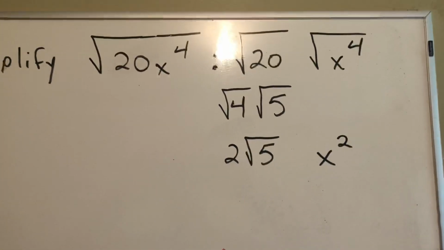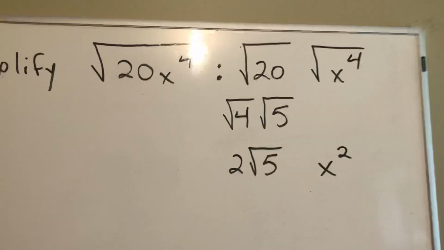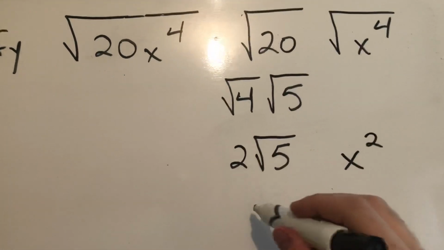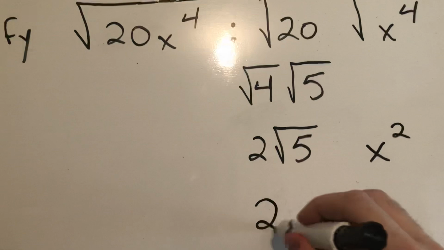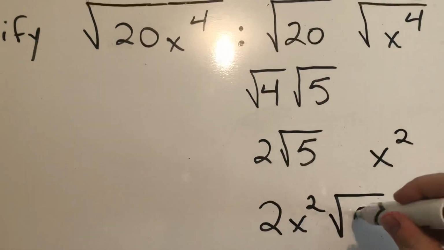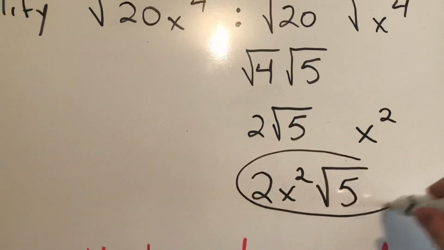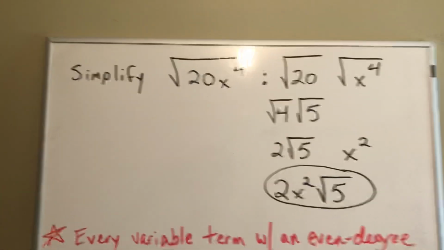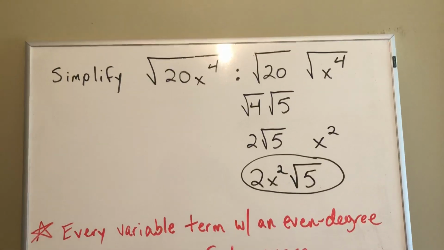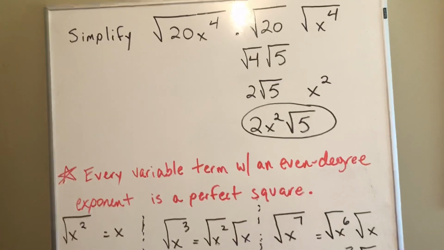So I can't leave my answer like this, and this re-emphasizes the point that the radical component of the answer goes last. So the correct way to write this answer is 2x squared root 5. They're all multiplied by each other, but that's the correct way to write it. 2x squared root 5.